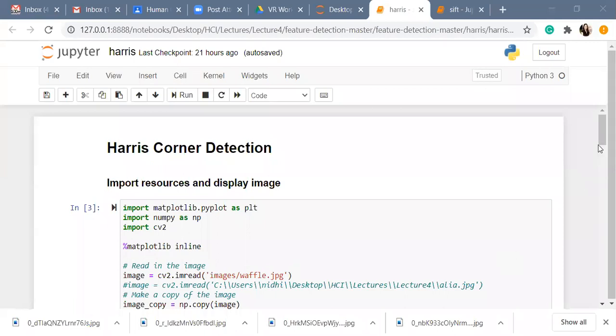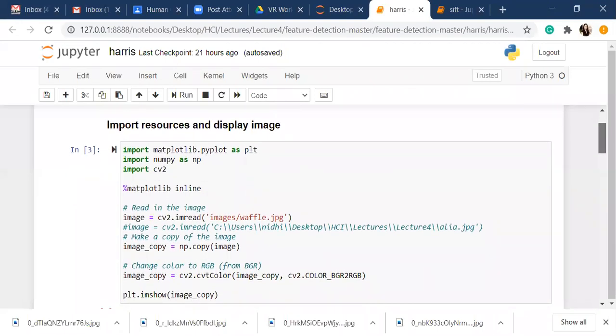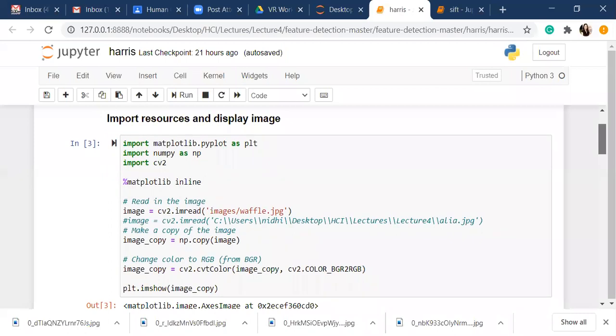That is the Harris corner detection algorithm, implemented using the Python language with the OpenCV library.